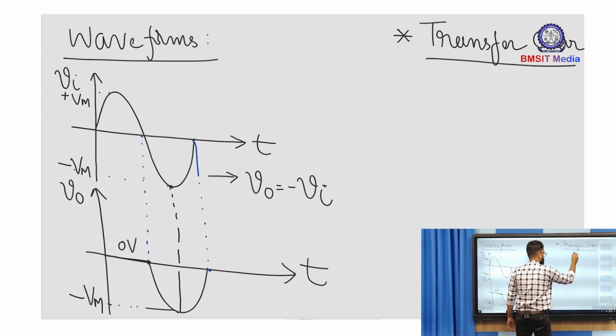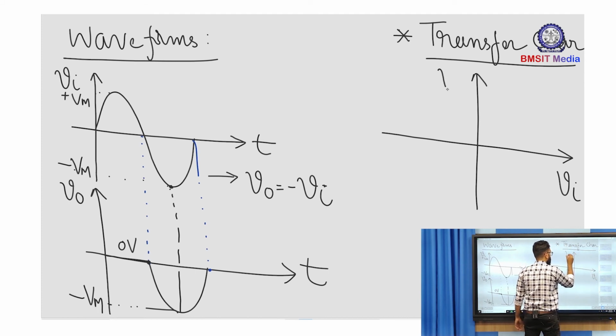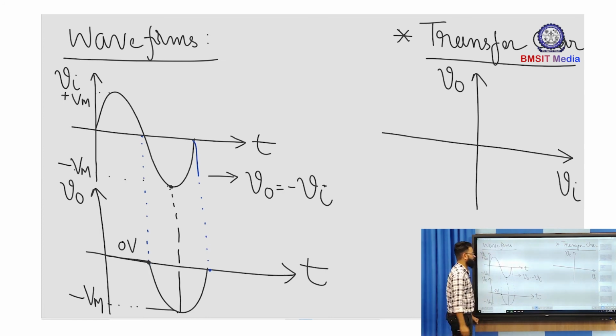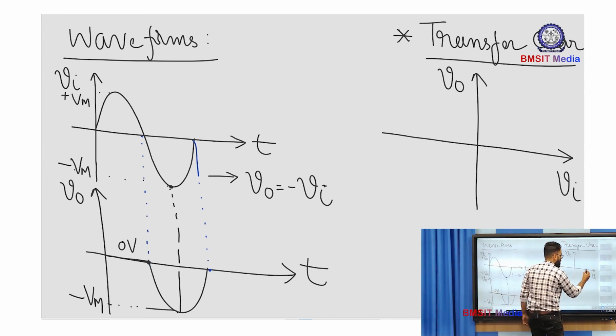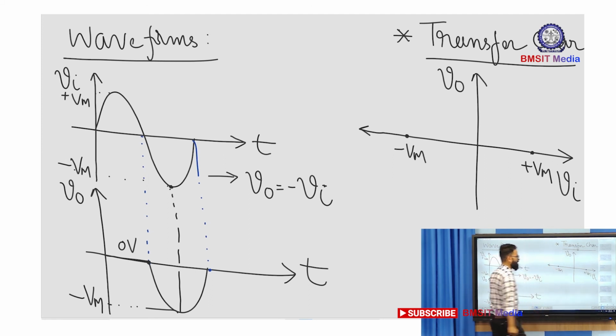Okay, so the transfer characteristics is a plot of input voltage versus output voltage. Okay, so let's say this is the maximum limit of the input voltage, and minus Vm is going to be the maximum limit of the negative half cycle, right?